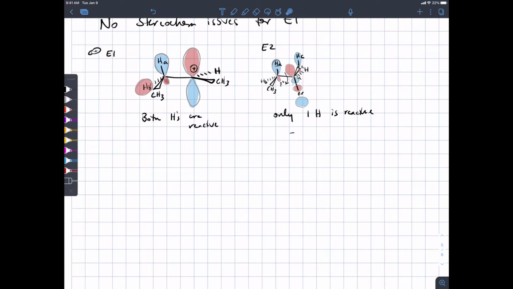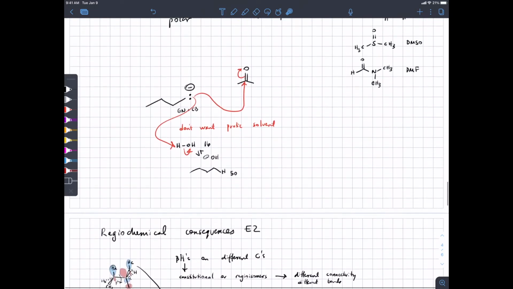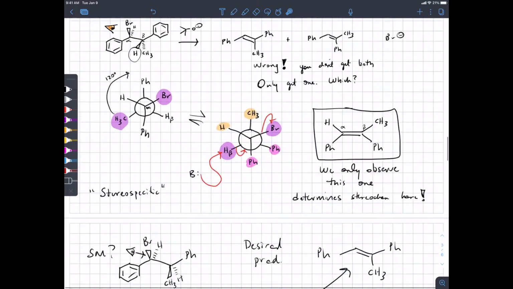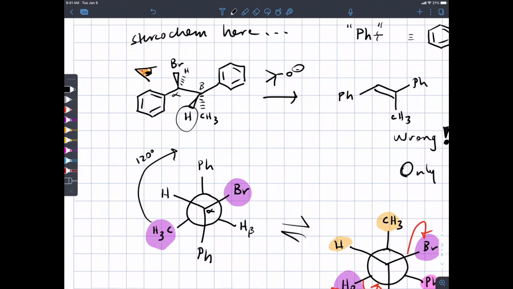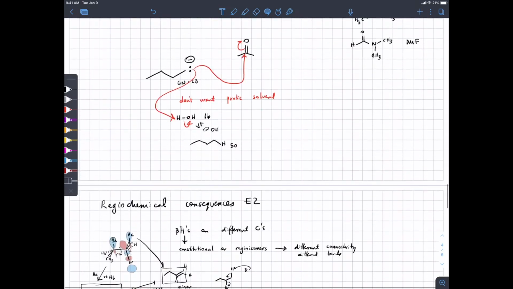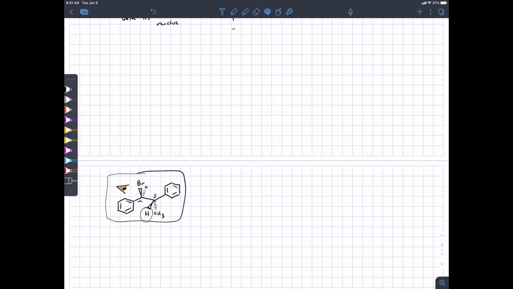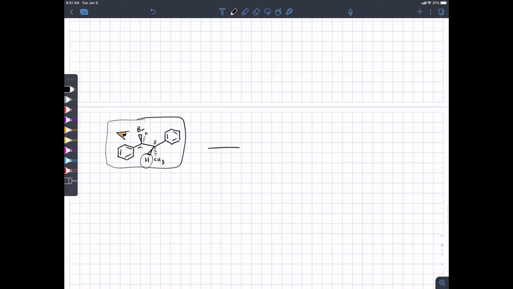I apologize for how convoluted that explanation was. The real good example to look at, if you wanted to reason through that on your own, would be to look at what happens for this starting material. It would be good to convince yourself that if you did this stereoisomer in an E2 reaction with, say, a sterically hindered base, you would only get the following product.